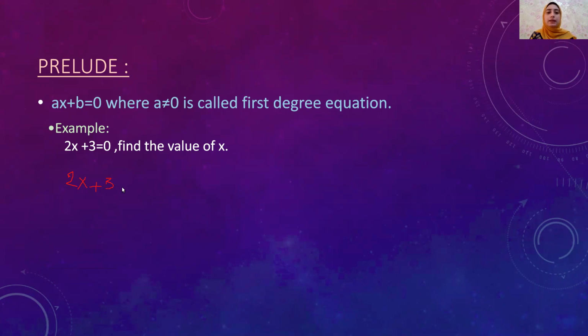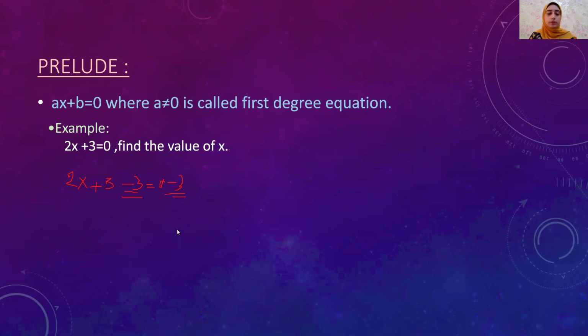I will add negative 3 to both sides, so here I will write negative 3 equals 0 minus 3.